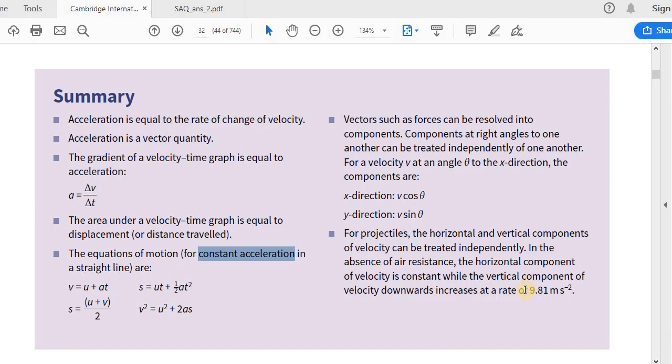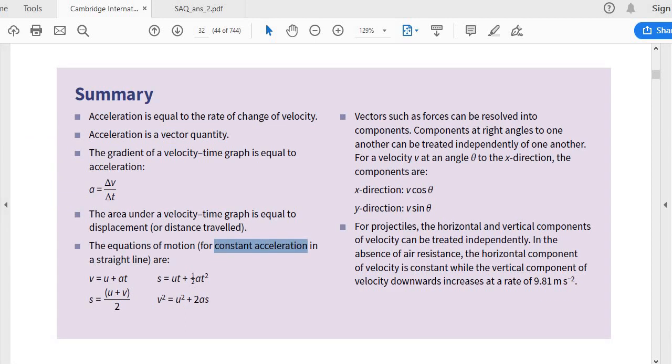So if the resultant force is down, which is the weight, this produces an acceleration, and the acceleration due to the weight is this. We call it the acceleration of free fall, the acceleration due to the gravitational force. Gravitational force is also called weight.